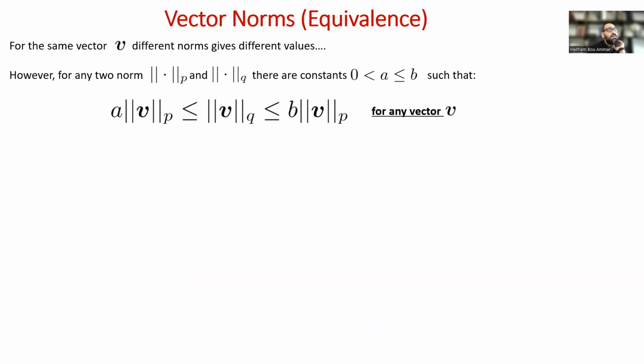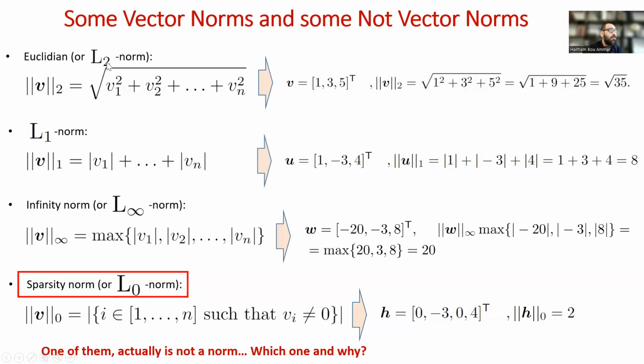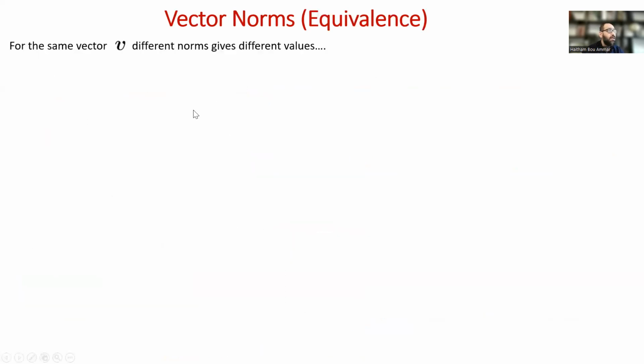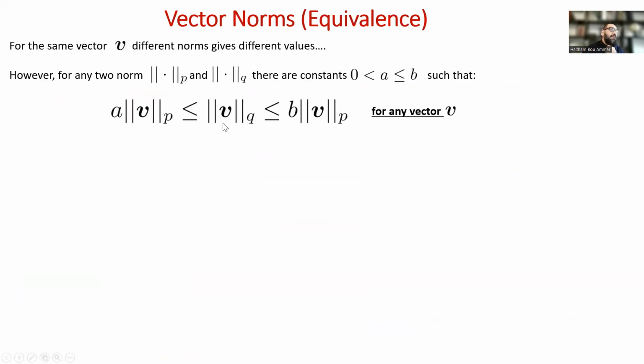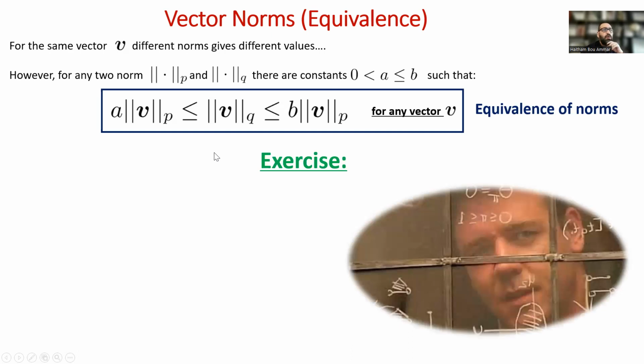If I have two norms, the P norm and the Q norm, where P here is 2, for example, or 1, or infinity, or 0, and I am interested in the norm of a vector in Q, then we can have an equivalence relation between this norm in Q and the other norms in V. And this allows us to have the equivalence of these norms.